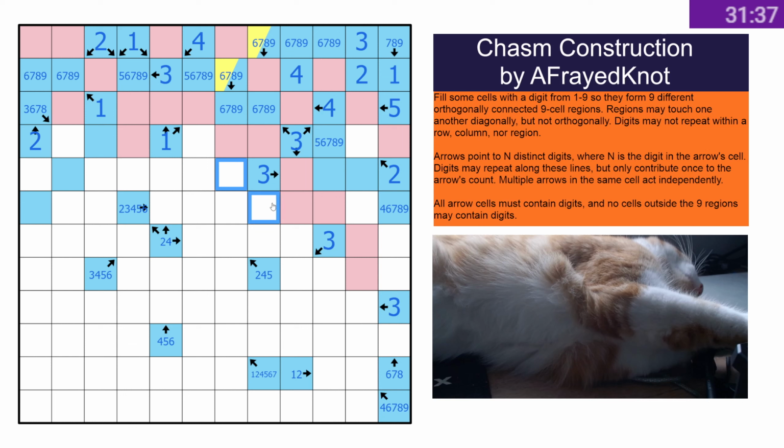Yeah, so what should we go for? Red. So at least one of each of these is a digit, meaning we've got to have some repeats happening along there.